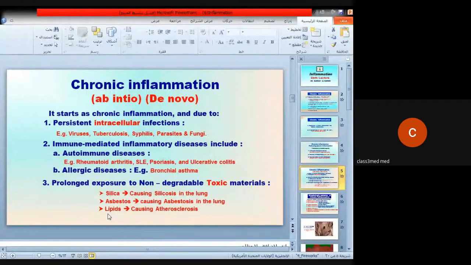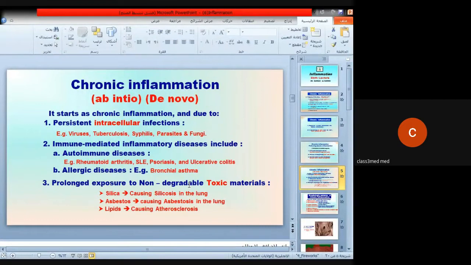This is exogenous material. Inhalation of exogenous material. All endogenous material, such as lipid or cholesterol crystal deposit in the wall of the arteries, causing atherosclerosis with a chronic inflammation in the wall of arteries.